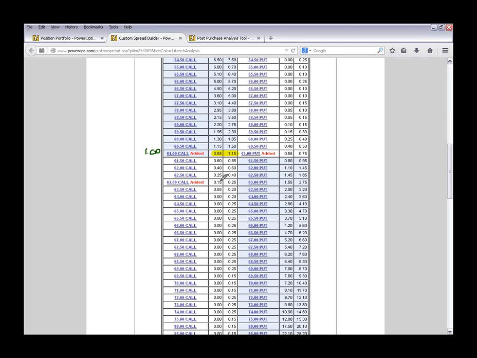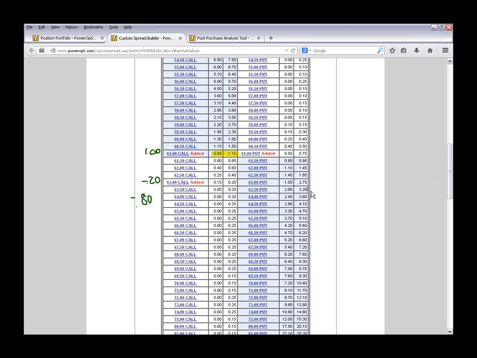And then selling to close here, between 15 and 25, let's call it 20, we'd get 20 cents back on this position. So we'd have an 80-cent debit right now to close the position. Remember, we took in 60 cents, so we'd have a 20-cent loss. Okay, so that would be a 20-cent loss on our position.